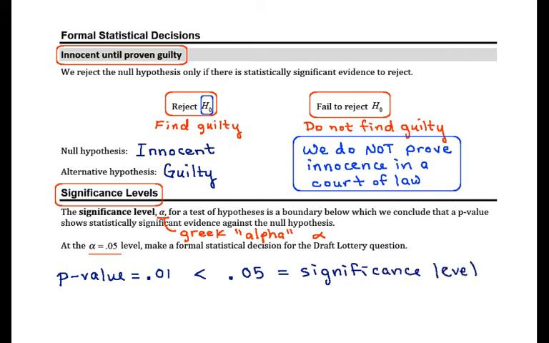So at the 0.05 level, we would reject the null hypothesis. That means we have evidence that the alternative hypothesis may be true, and therefore we are rejecting the null hypothesis, which is something contradictory to our alternative hypothesis.